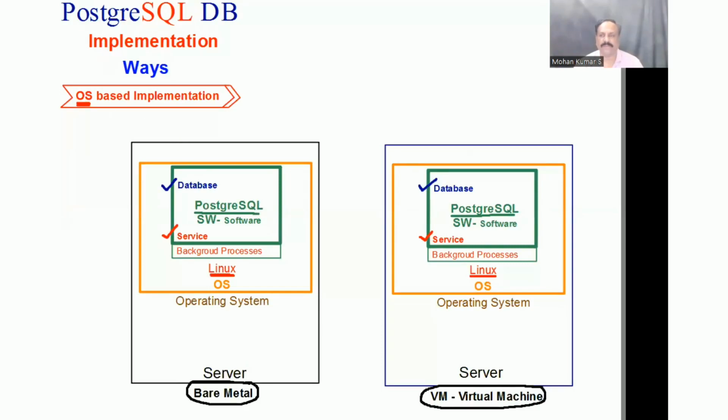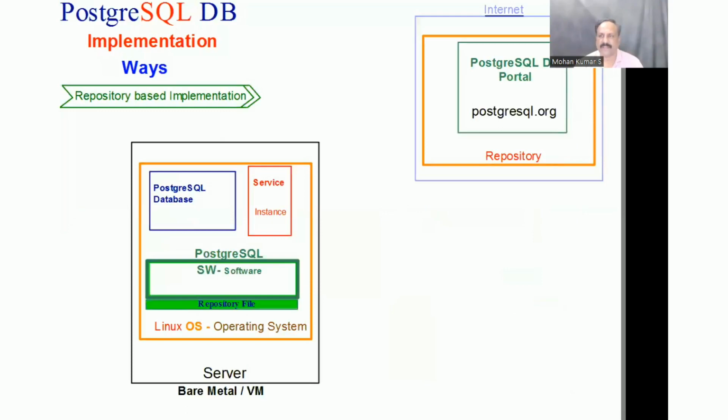Now let us look into the way we can install repository based. Whether you choose a bare metal server or a virtual machine, you'll have a Linux operating system installed, and you need to go for installing the software. After that, you have to provision your database and service.